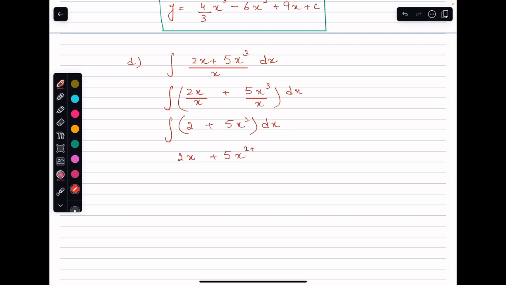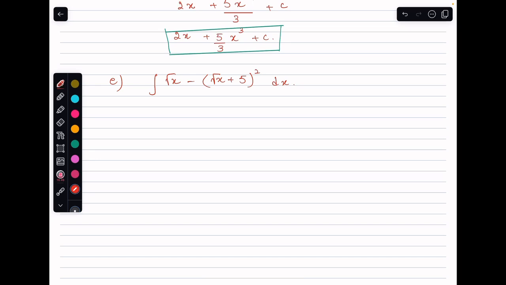That means add a 1 to the power, 2 plus 1 gives me a 3. So divide this by 3 and add a constant here. So the integral in this case is going to be 2x plus 5/3 x³, and then plus c. So this is then going to be the answer to this equation.